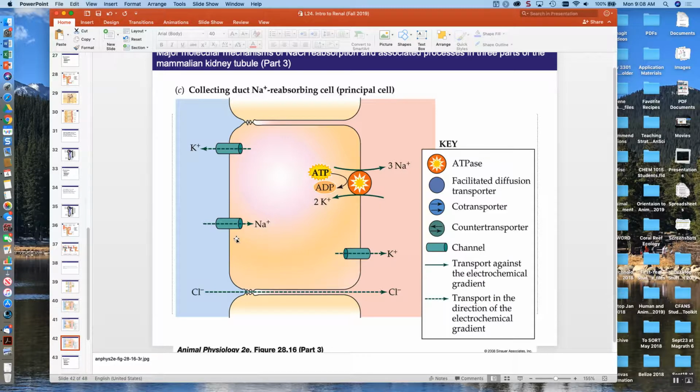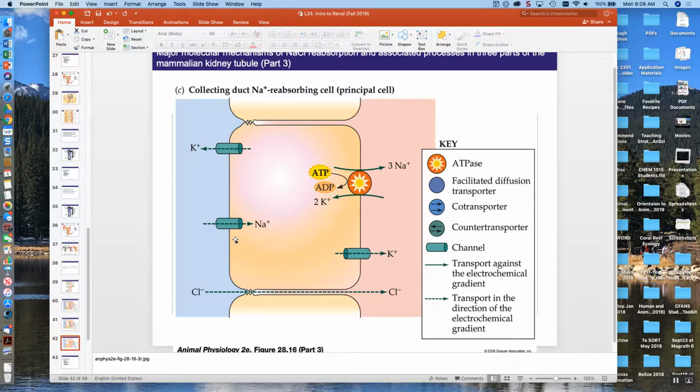This is a special epithelial sodium channel called ENaC. ENaC is pretty easy to remember. E, sodium channel. E stands for epithelial. Epithelial sodium channel, ENaC.